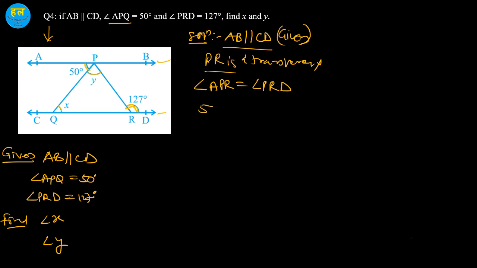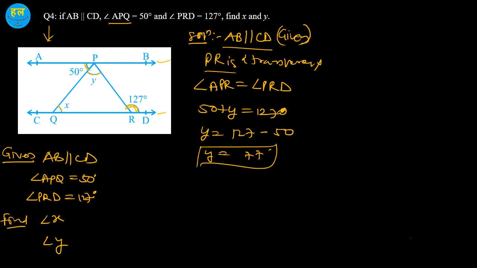Therefore 50 plus y is equal to 127 degree. So y is equal to 127 minus 50. So y is equal to 77 degree. This is our first part.